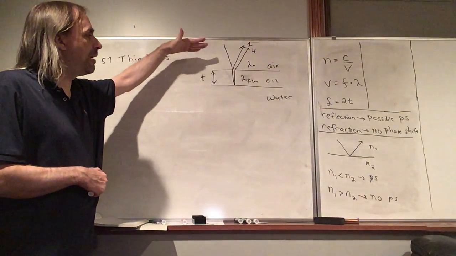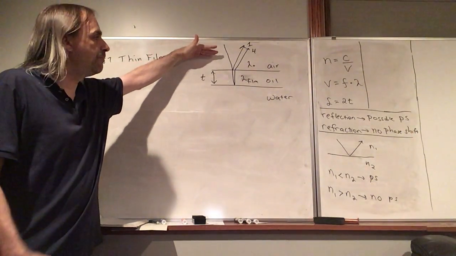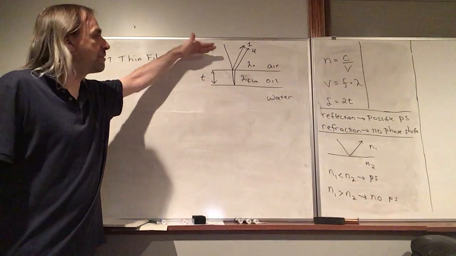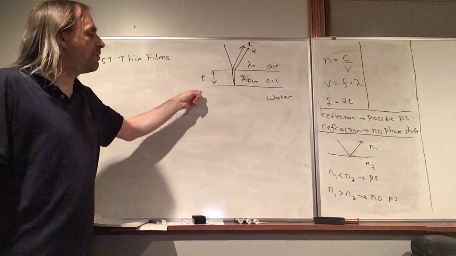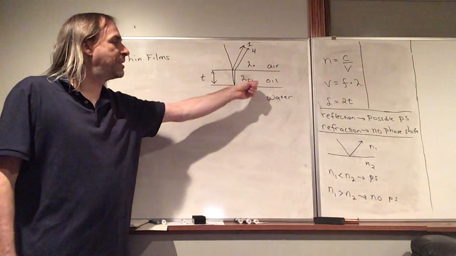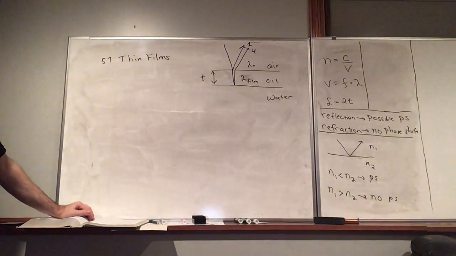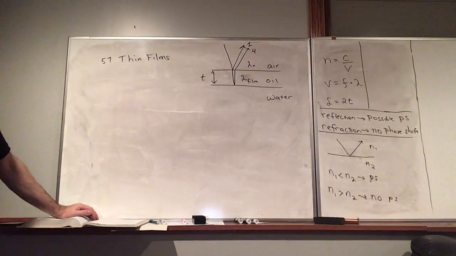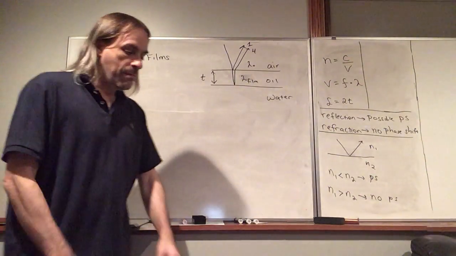In air, the frequency times the wavelength in a vacuum, or in air, basically the same thing, equals the speed of light. Here, the frequency times the wavelength in the film is going to be a smaller number. If you multiply the same frequency but get a smaller number, the wavelength has to be smaller. But let's work that out.